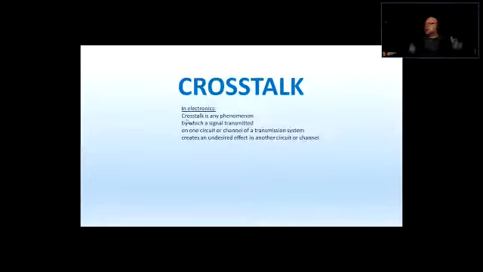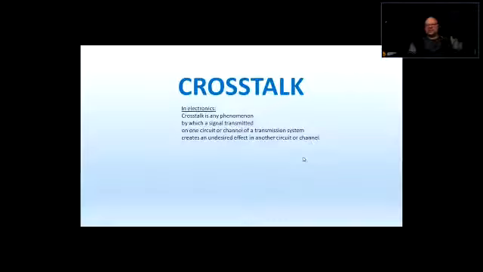What does it mean? What's crosstalk? In electronics, crosstalk is a phenomenon by which a signal transmitted on one circuit or channel of a transmission system creates an undesired effect in another circuit or channel.